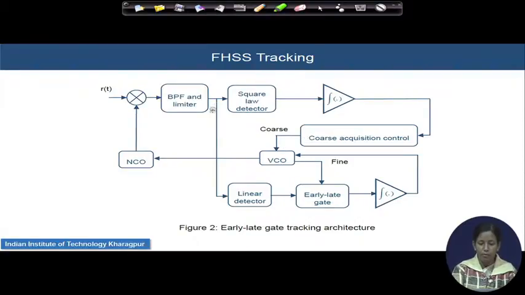At the same time, the output of the band pass filter and the limiter can, after linear detection, enter into the early-late gate structure, and the output of this early-late gate and the output of the adder will be fed into the voltage control oscillator. The voltage control oscillator is finally controlling it, and in this loop the final tracking mechanism is going on.